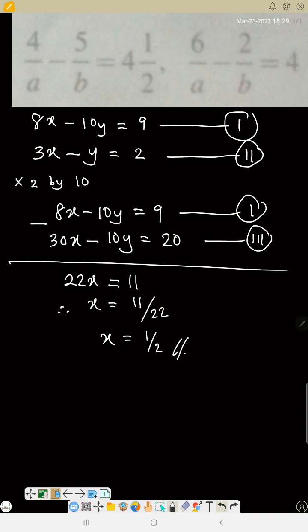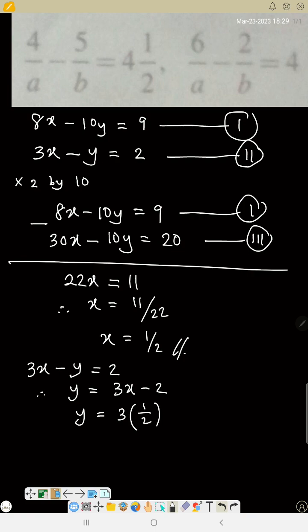Now that we know x, we can know our y. So from equation 2, 3x minus y is equals to 2. So here y is equals to 3x minus 2, that is, take this y to this place and x and 2 to the other side. So now y is equals to 3 brackets 1 over 2 minus 2 over 1, because x is 1 over 2.